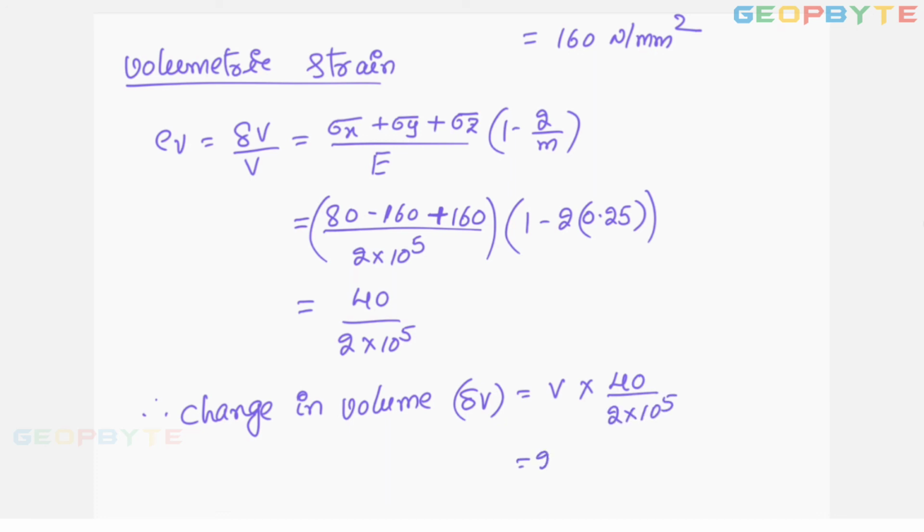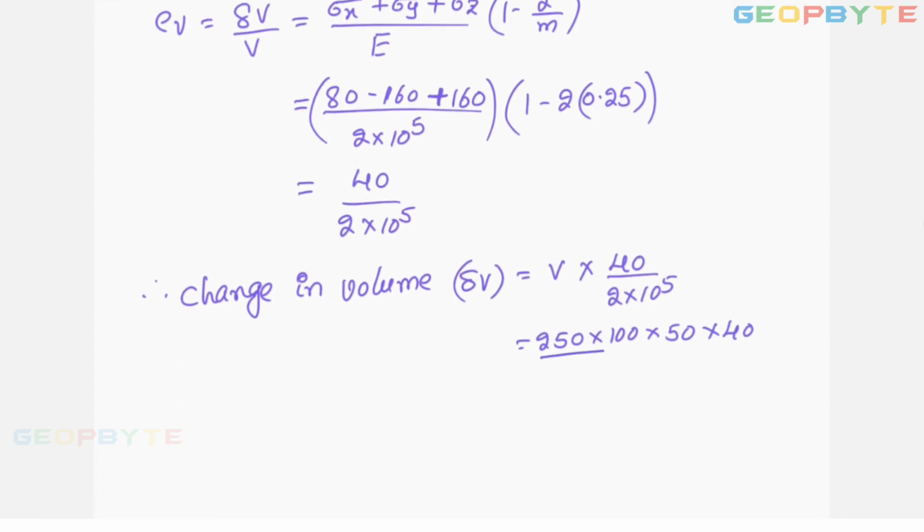Original volume is 250 into 100 into 50, into 40 divided by 2 into 10 power 5. You simplify this value and get around 250 mm cube.